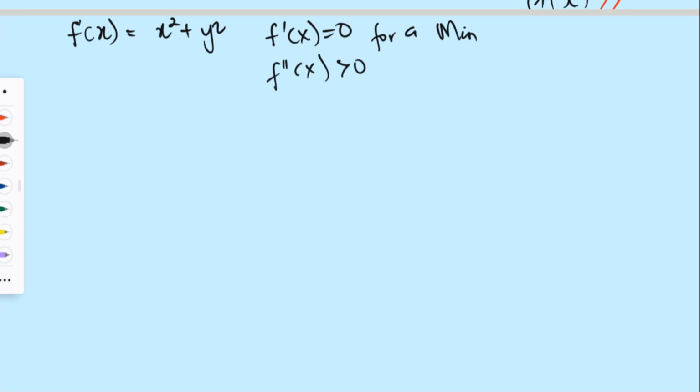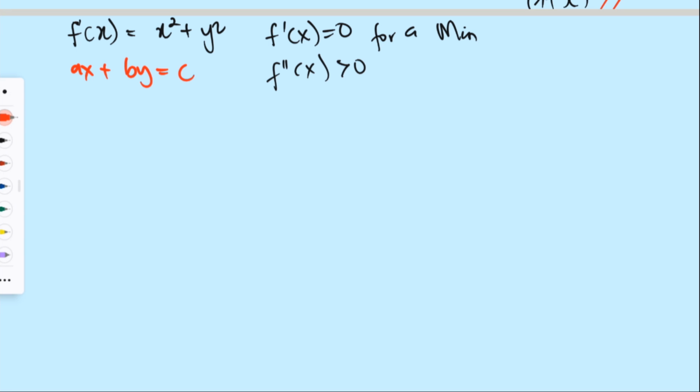So the function itself is ax plus by equal to c, right? I'm going to substitute the value of y into the function f of x. So let's make y the subject.